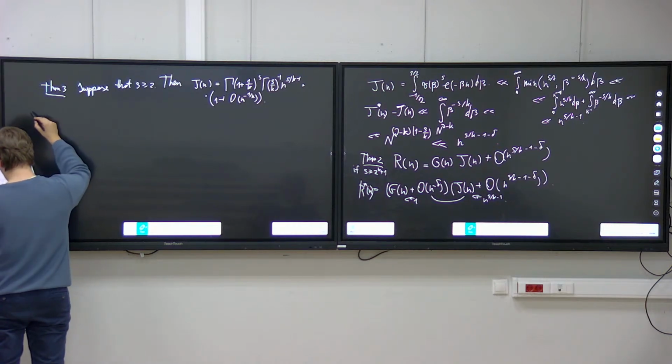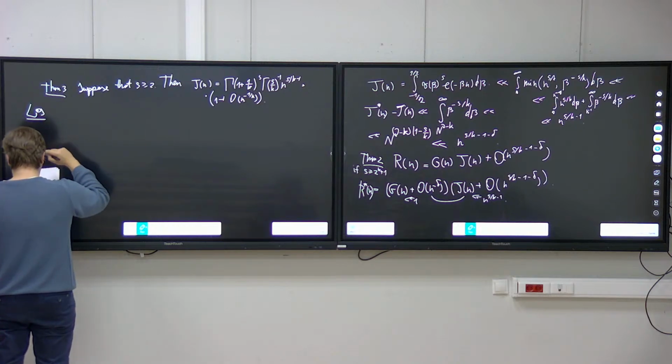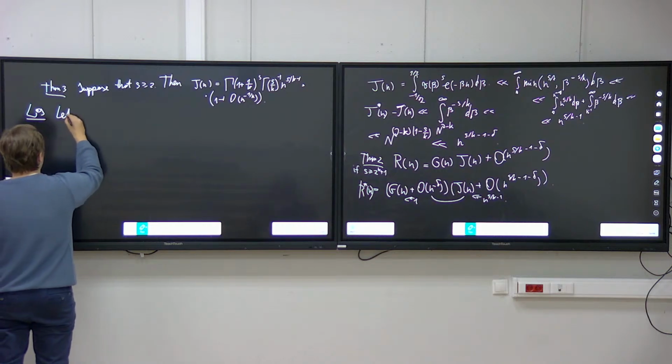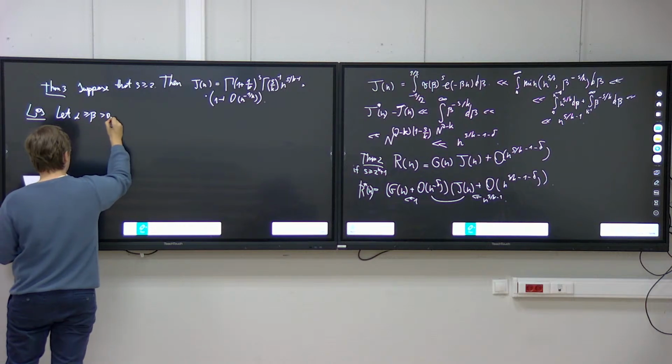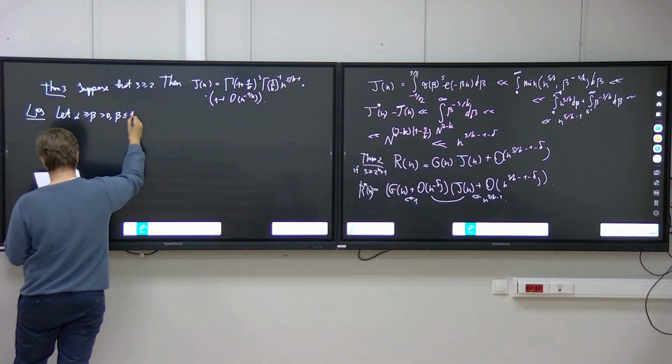And for this we will need lemma 9, I think. Let alpha be greater than beta, greater than 0, beta less than 1.